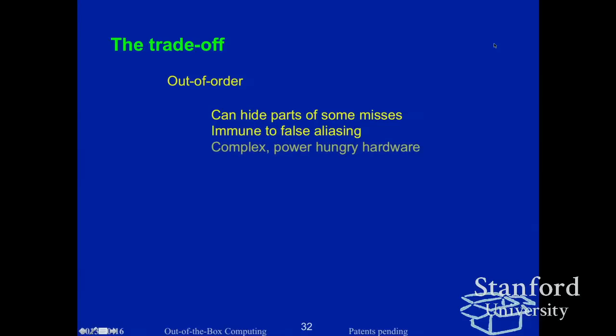The trade-off: in out of order, you can hide parts of some misses, and parts of all the misses you can hide. It is immune to false aliasing, but you've got complex and power-hungry hardware. Static scheduling stalls instruction issue on a miss.